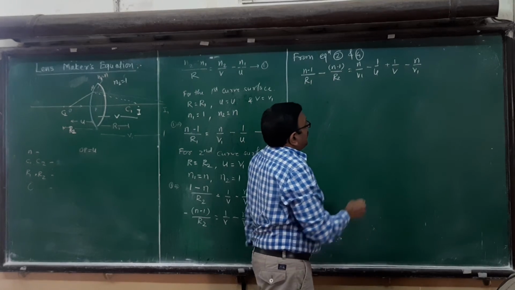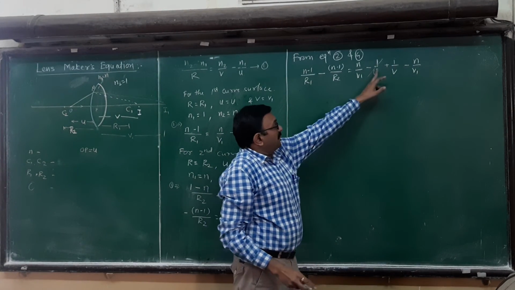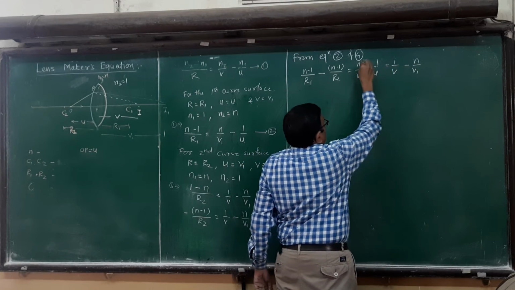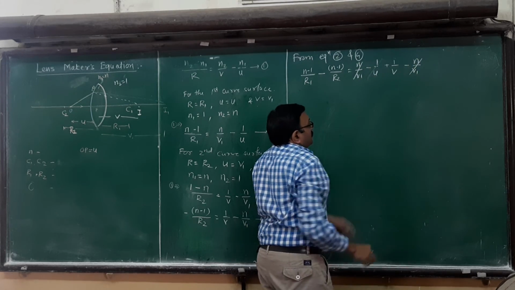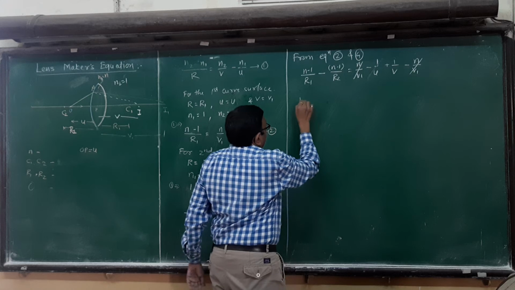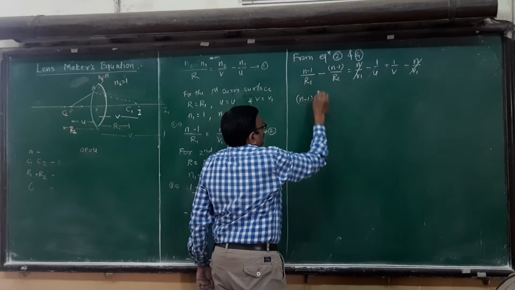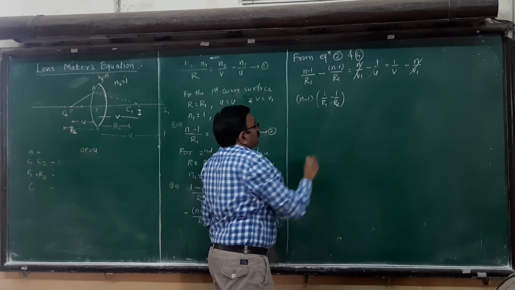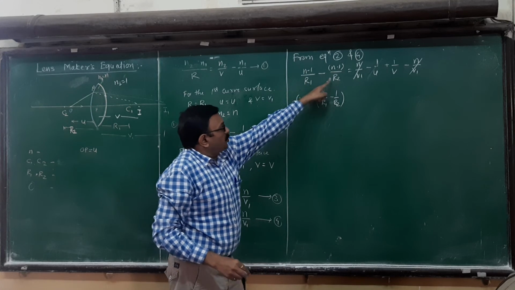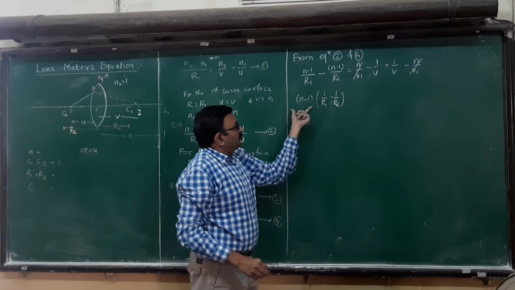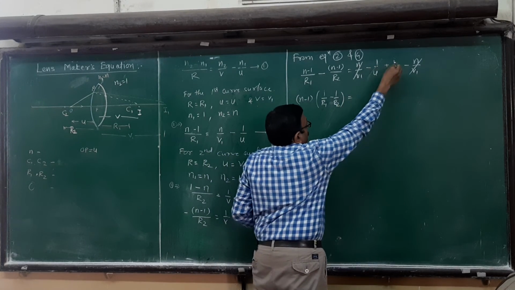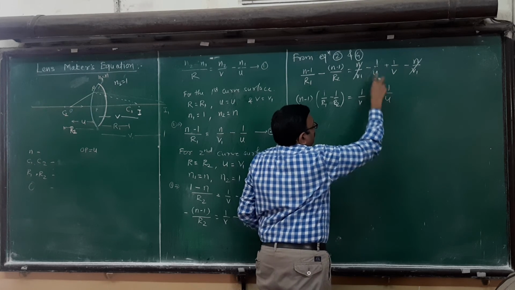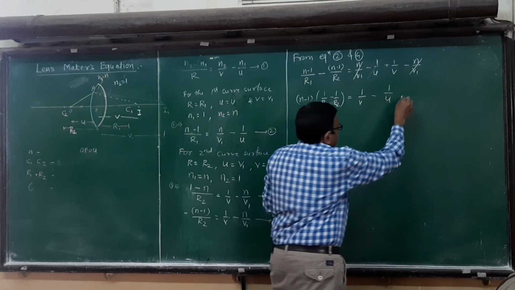Here, plus N upon V1 and minus N upon V1 get cancelled. Therefore, we write N minus 1 as common, in a bracket 1 upon R1 minus 1 upon R2, which is equal to 1 upon V minus 1 upon U. Call this equation number 5.